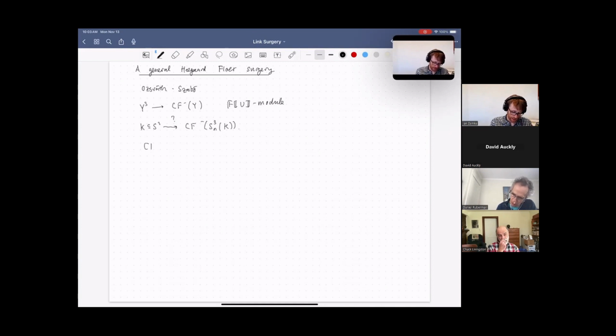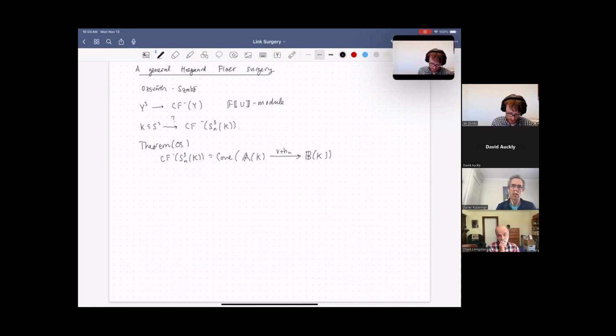What they showed is that CF minus of Dehn surgery on the knot is a mapping cone chain complex between two objects, A and B, of a sum of two maps, V plus H sub n.